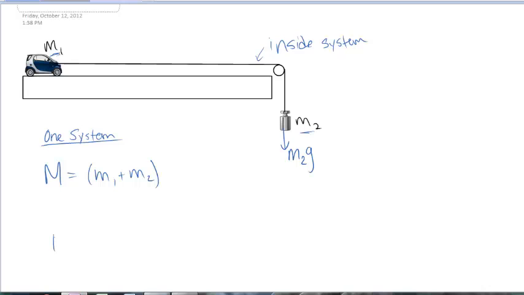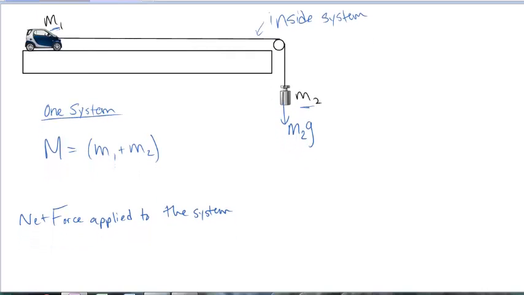So the force applied to the system, or I should say the net force applied to the system, is only m2g. That's the only force that's coming from outside of the system that's not being balanced.